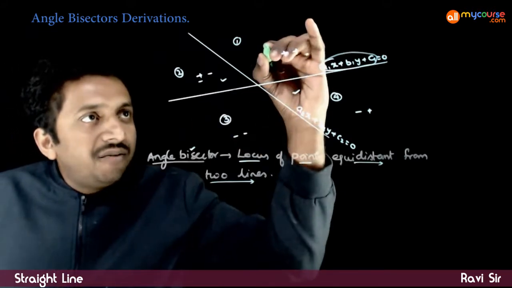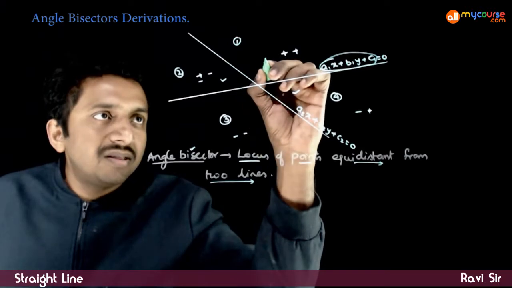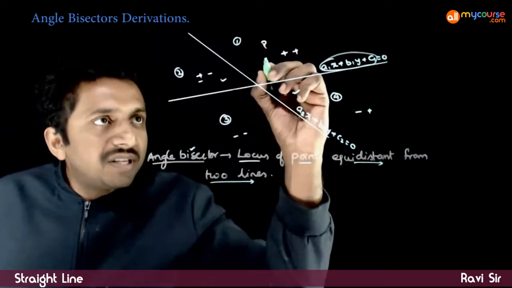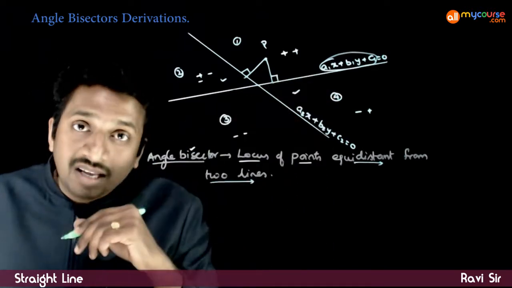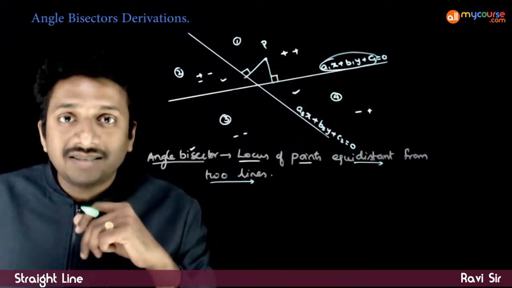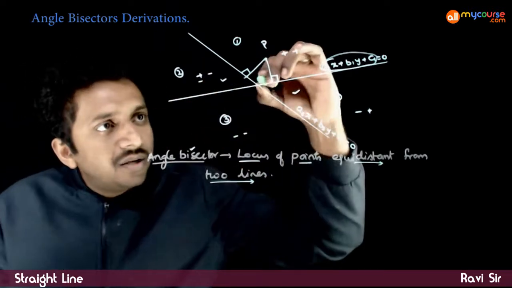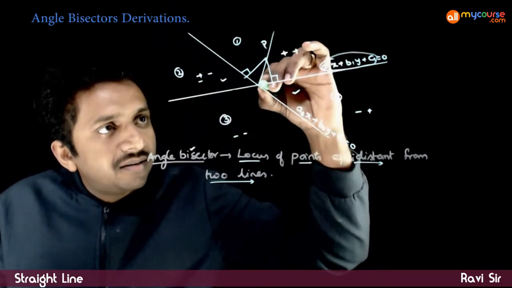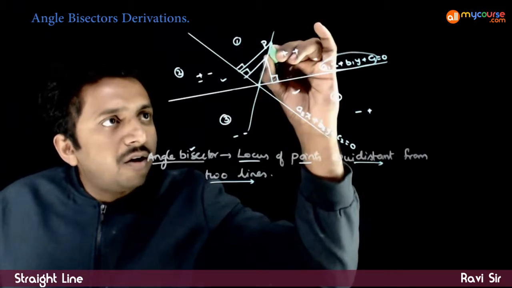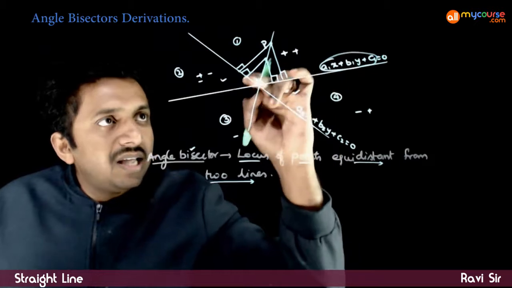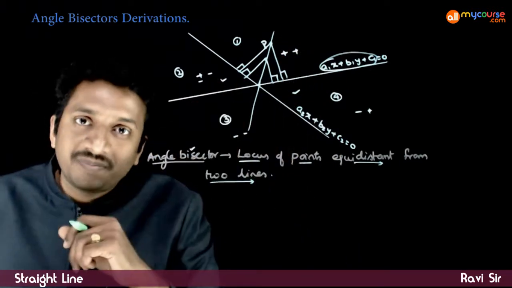That means if a point lies on the angle bisector, say this is a point, and it is equidistant, that is the perpendicular distances from both these lines are equal, then this point will lie on the angle bisector. So if you draw the angle bisector, it will be the locus of points equidistant from these two lines.